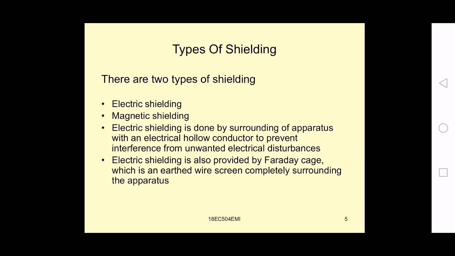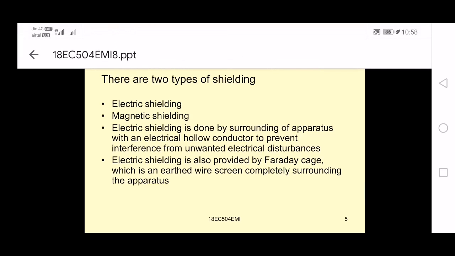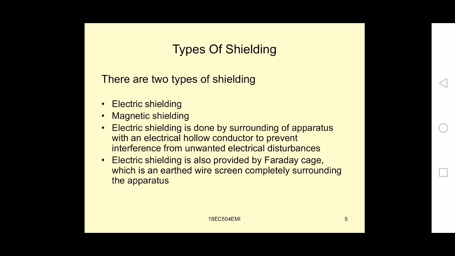In electric shielding, it is done by surrounding the equipment, circuit or apparatus with an electrical hollow conductor, to prevent interference from unwanted electrical disturbances.